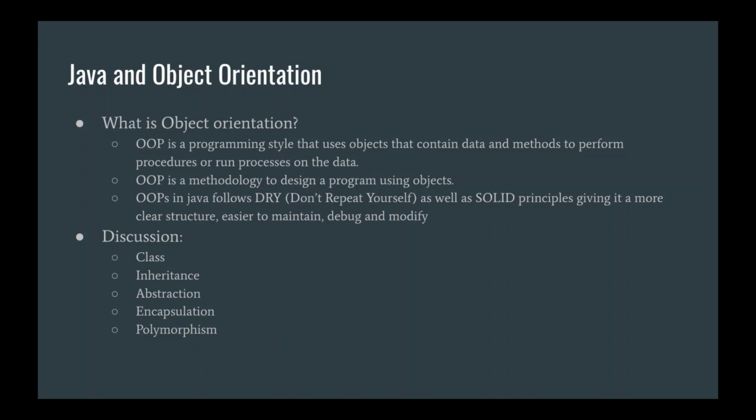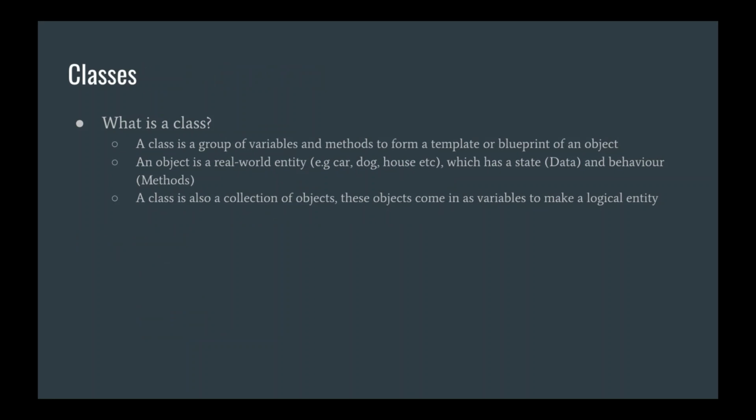So let's go further into the discussion and see what we have. So classes, what is a class? A class is a group of variables and methods that form a template or a blueprint of an object. So a class is a blueprint, or it is a template of an object. And an object is a real-world entity like a car, a dog, a house.